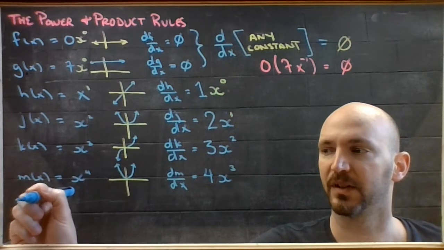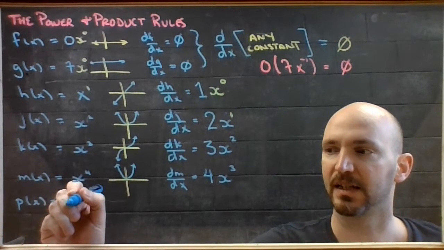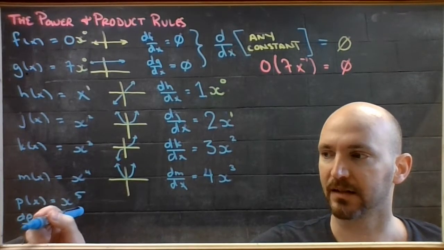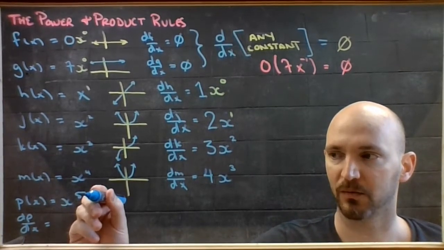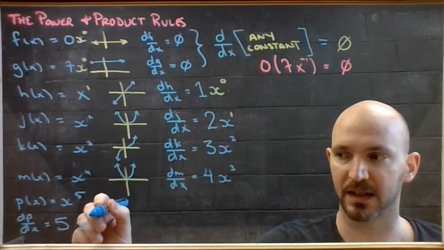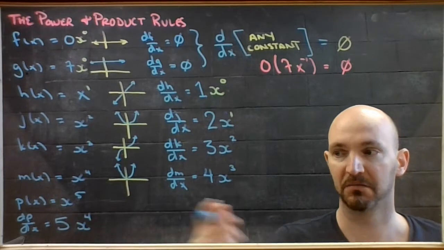So if p of x is x to the 5, then dp dx should be, write the exponent in front, keep the x, but the exponent is less by 1. There you go.